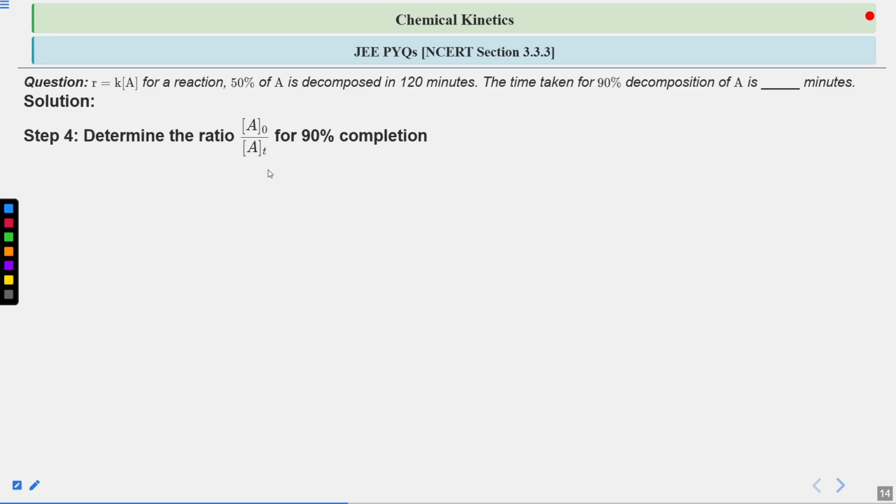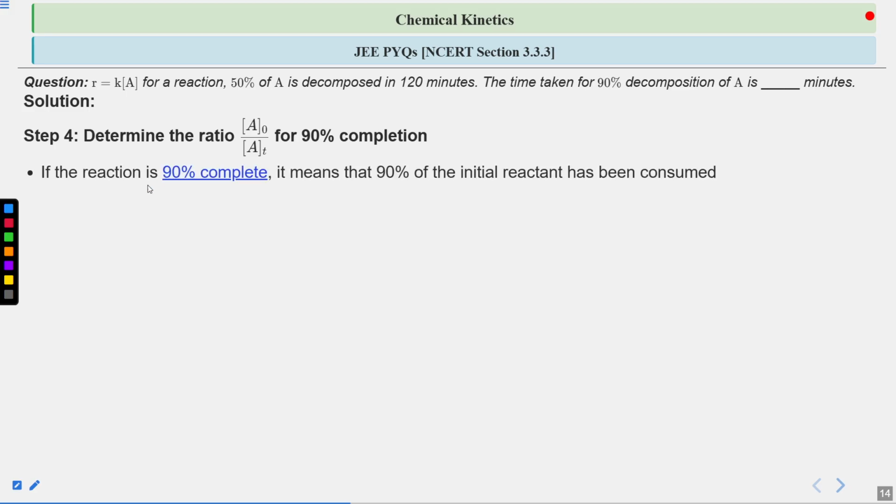If the reaction is 90% complete, it means that 90% of the initial reactant has been consumed.